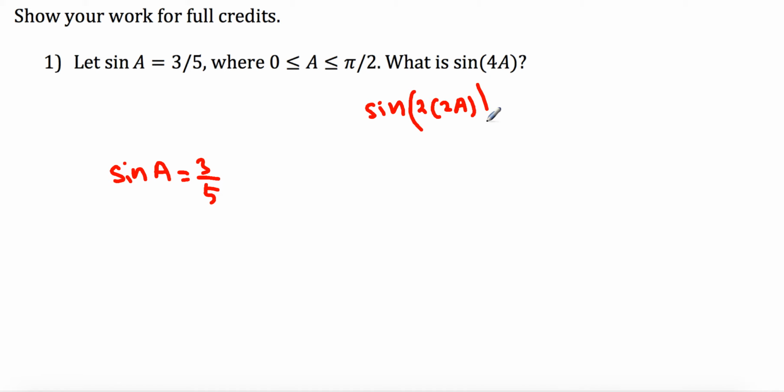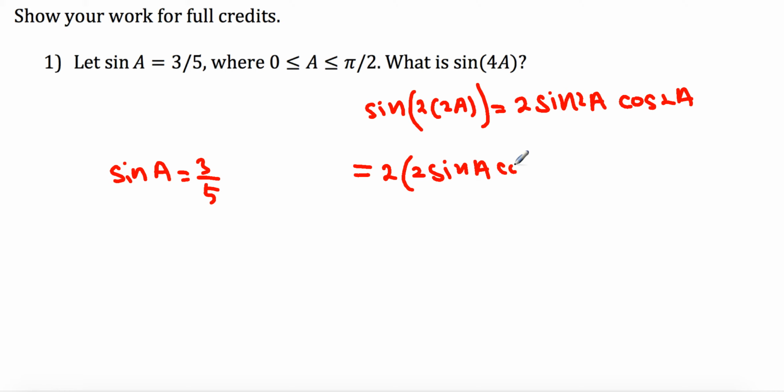Then using the double angle formula, you can say that this is equal to 2 sine of 2A cosine of 2A. Now, if I have to rewrite it, sine of 2A is equal to 2 sine of A and cosine of A.